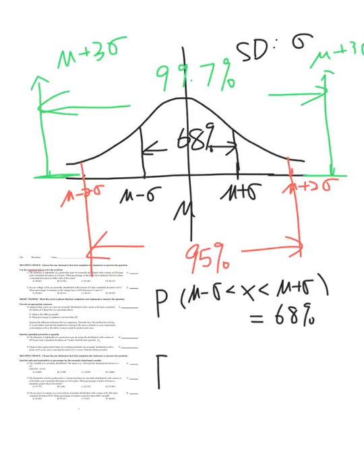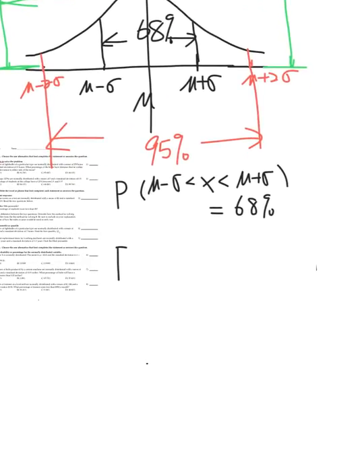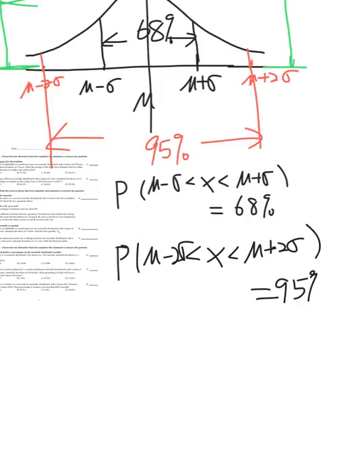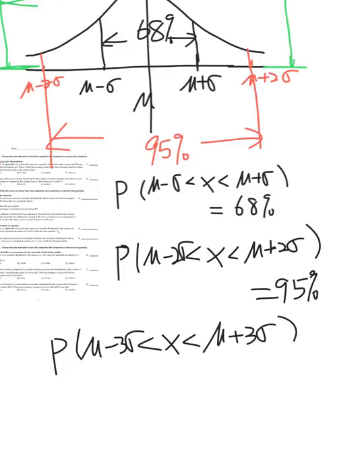If we are looking for the probability for x less than mu plus 2 standard deviations and bigger than mu minus 2 standard deviations, we have 95% of observations. If we are looking for the probability for x less than mu plus 3 standard deviations and bigger than mu minus 3 standard deviations, we have 99.7% of observations. So this is the information we can get from the empirical rule.